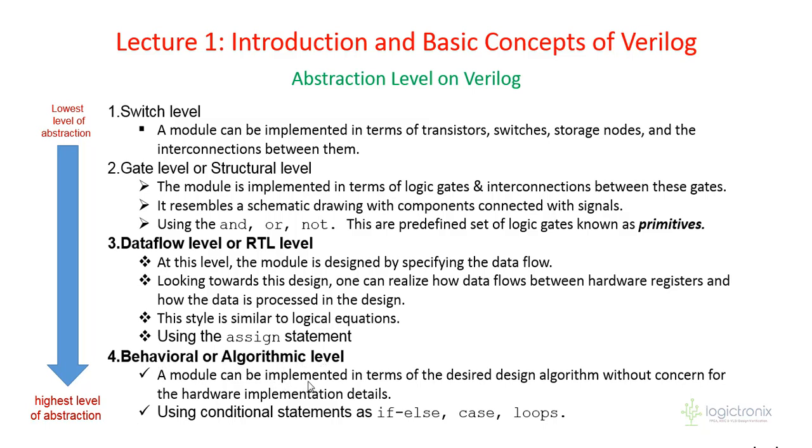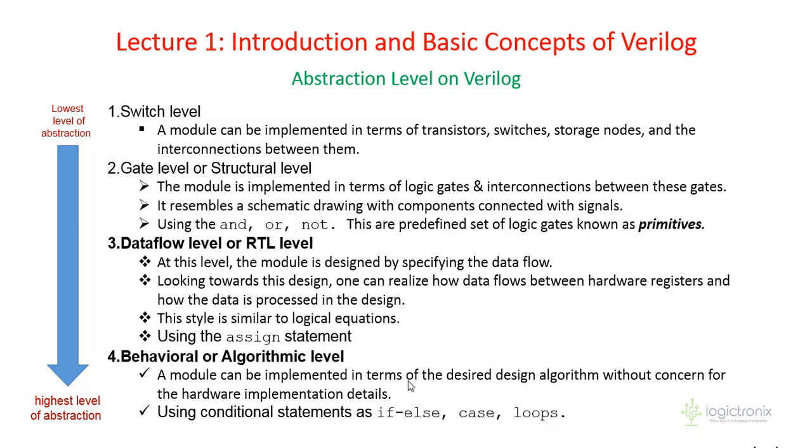So fourth is the behavioral or algorithmic level. This fourth level is heavily utilized in Verilog codes because the Verilog programmer, the person who writes the Verilog program, doesn't need to know in depth about the hardware level. So the behavioral level gives much more flexibility. These are the Verilog programming methods which utilize conditional statements such as if else, case, and loops.